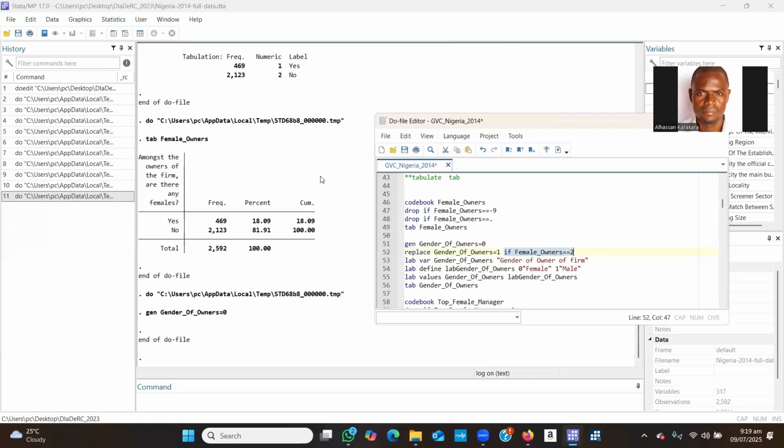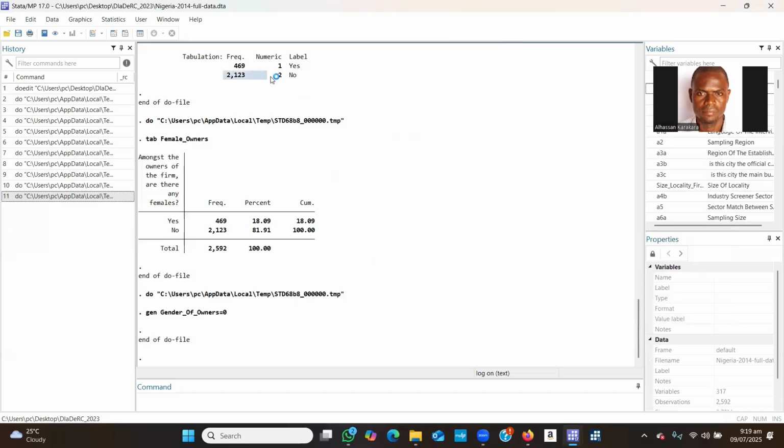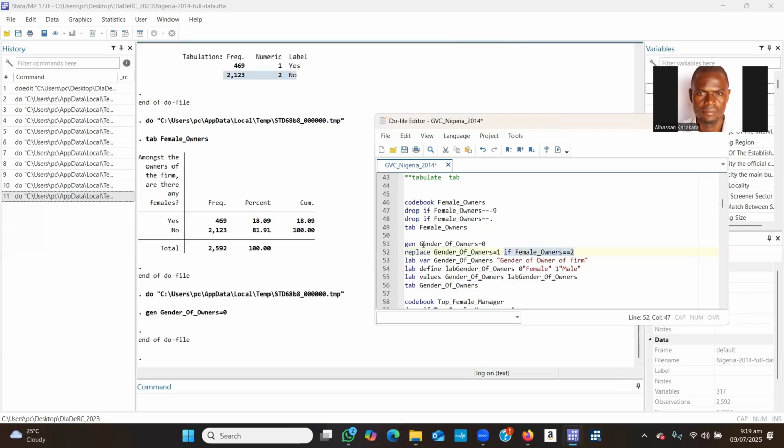And we know that in our female owners variable, the 2 represents male, which is no, as we know. So we are easily saying replace gender of owners equals to 1 if female owners, that is the previous variable here, is equal 2.